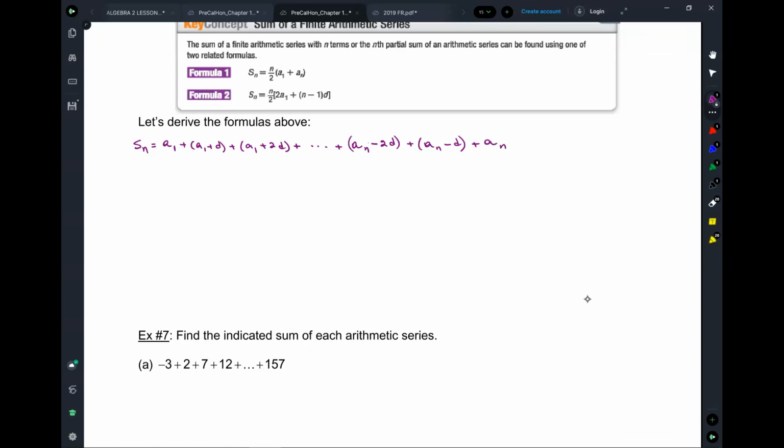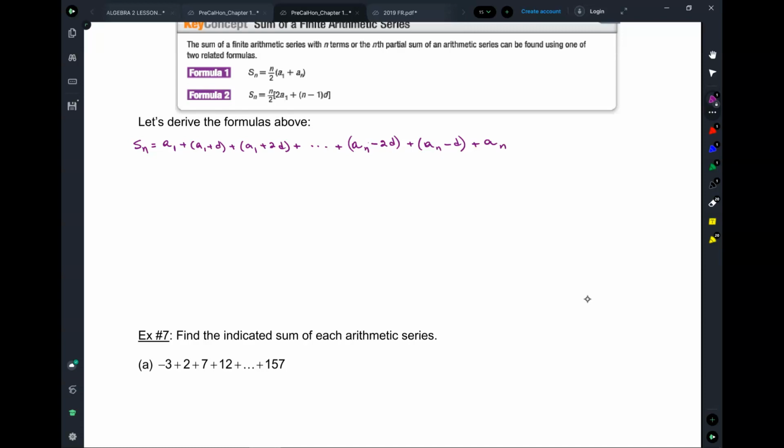For any arithmetic sequence, it would start at the end. So this is from the beginning to the very end, and there's the middle here that we haven't shown. We've only shown the first 3 and the last 3.